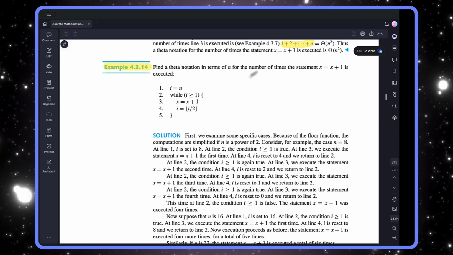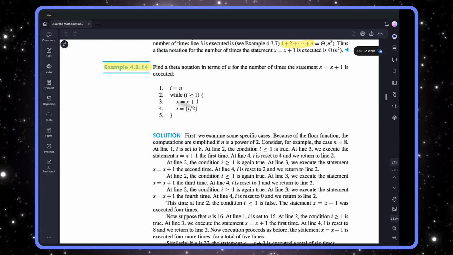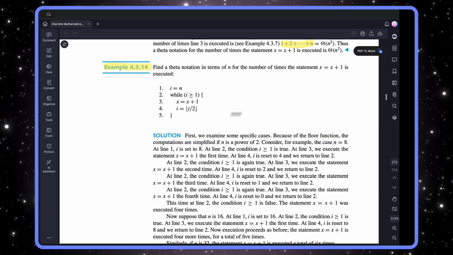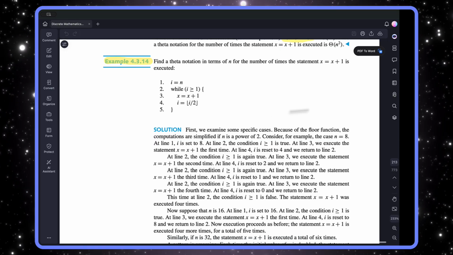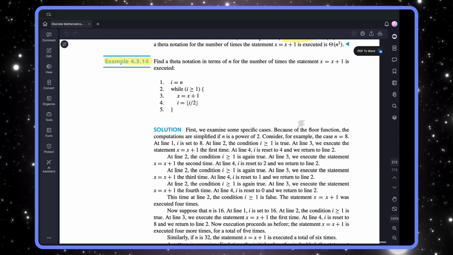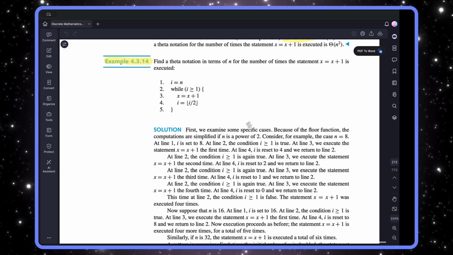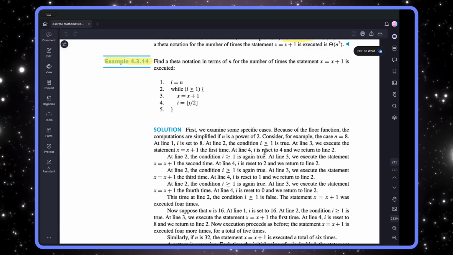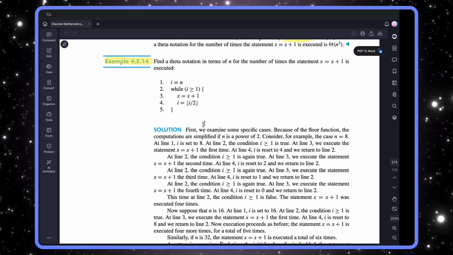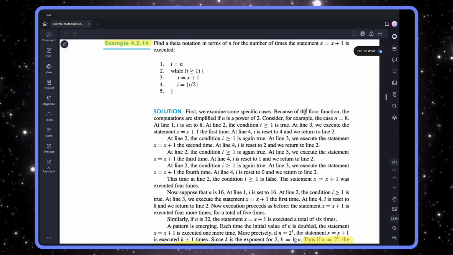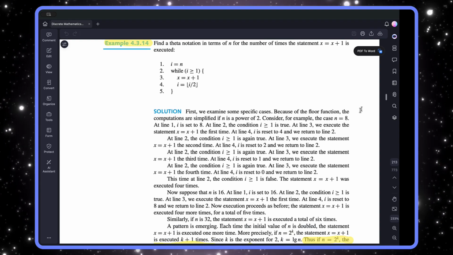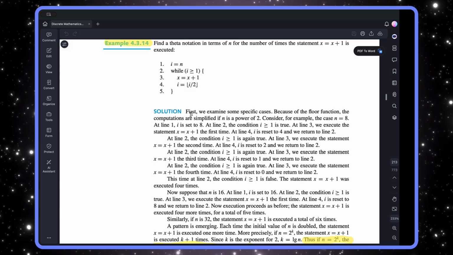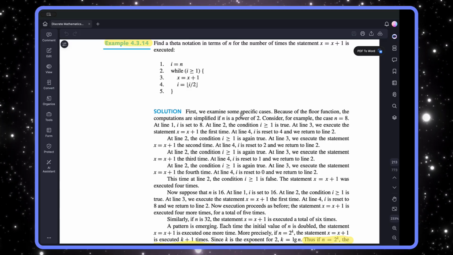Let's see what happens. We want to try to calculate how long this will run. So when you're working on a problem like this, you have to actually go through it and think about it. But this is a really good trick they're showing us here. First, we examine a specific case because of the floor function. The computations are simplified if n is a power of 2.